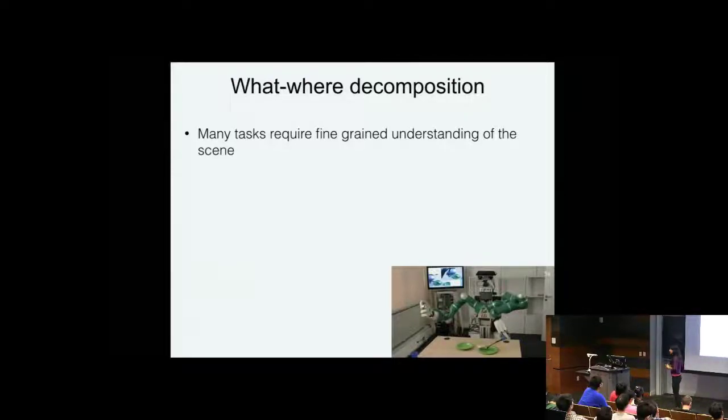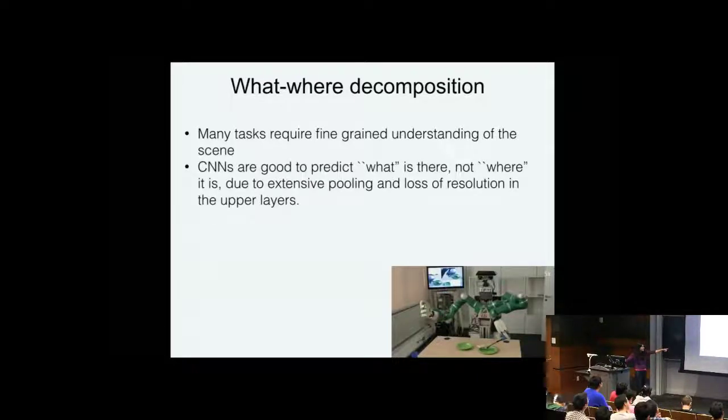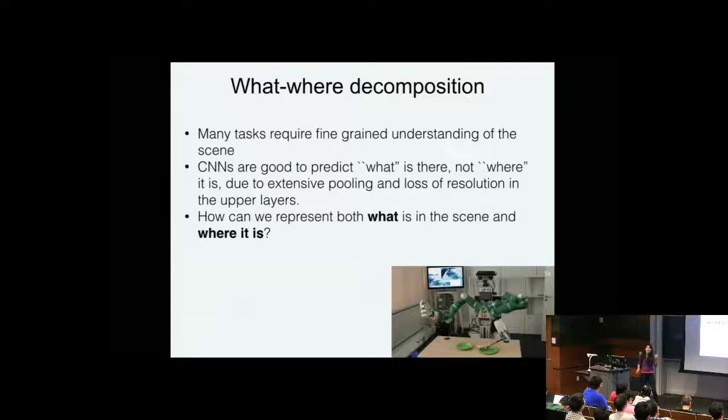But in order to act in the world, and let's say to push this bread in the right place, I also need to know where things are. I need to know precise spatial locations. So how can I add this what-where into my architecture? How can I learn to attend to important parts of the space and forget about other parts of the space? Does this make sense, to be able to do way more fine-grained reasoning?